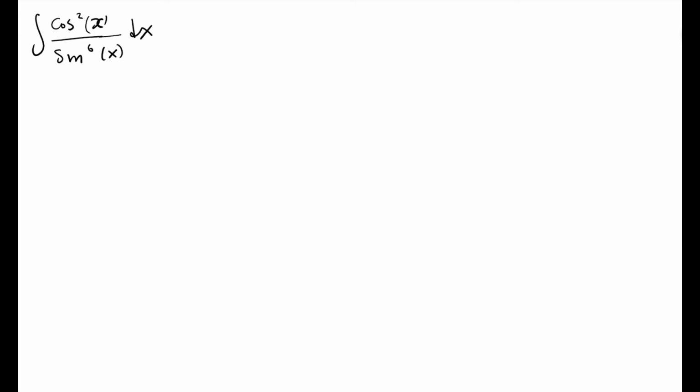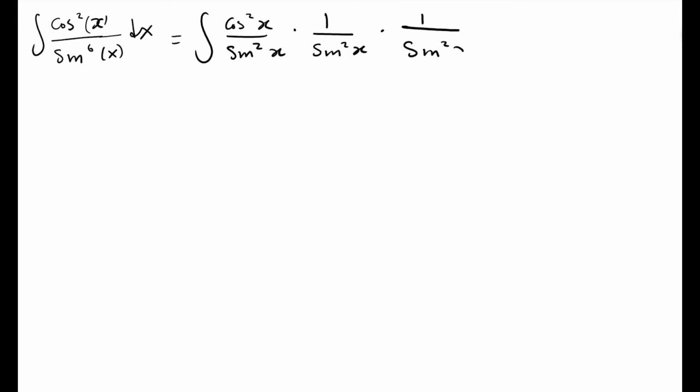Okay, so we have the integral of cos squared x over sine to the power 6 of x dx. This is the same as writing the integral of cos squared x over sine squared x, multiplied by 1 over sine squared x, again multiplied by 1 over sine squared x.